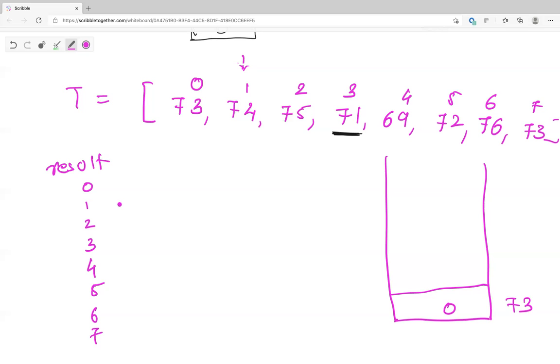So that's all I'm doing. When I kick 73 out, I'll take a difference between what I'm going to put next. Currently I'm at index 1 and I have index 0, so I'll put 1 as the answer, correct?